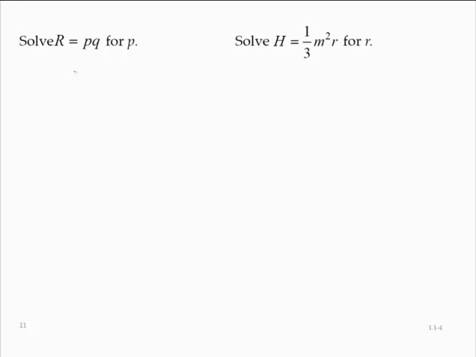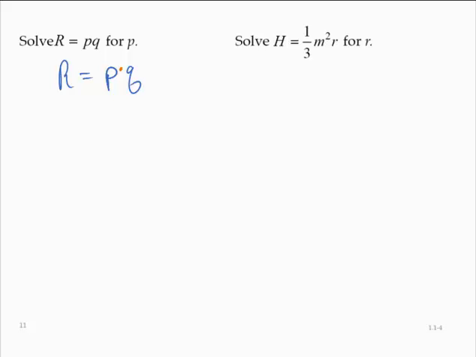So now let's solve some literal equations, which are equations that contain more than one variable. So here we are asked to solve r equals pq for p. So we want to get the p by itself, and the p is being multiplied by q.